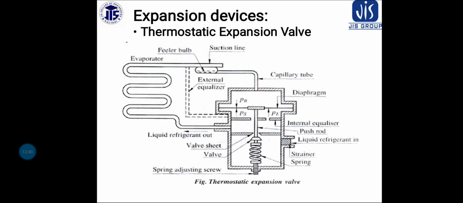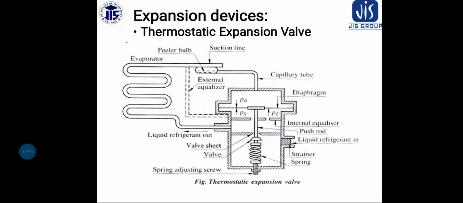When the cooling load decreases, the refrigerant evaporates at a slower rate than the compressor can suck. As a result, the evaporator pressure drops and the degree of superheat decreases.